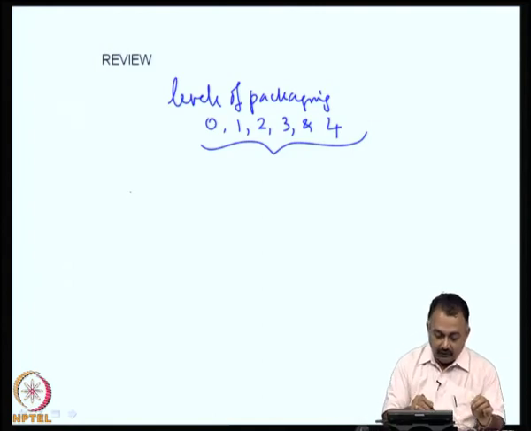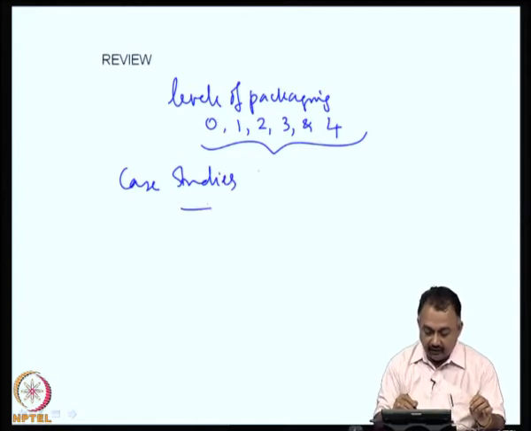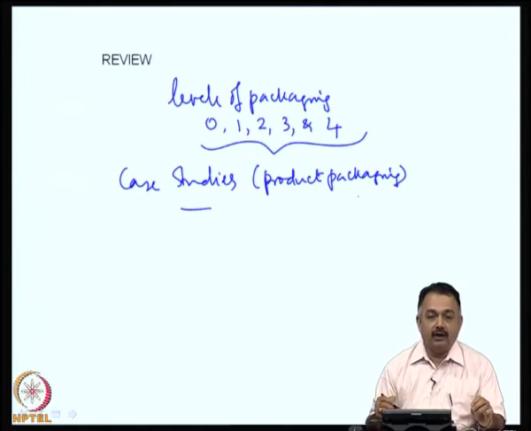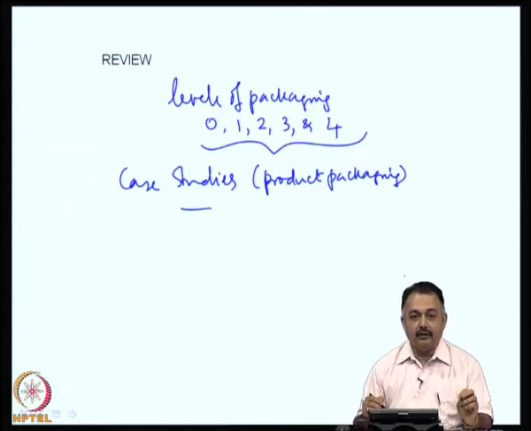Now, we also started looking at some case studies. If you recollect, the first case study is about product packaging, examples of product packaging. What a design engineer should really look into if you are concerned with the design of a product from start to finish, including mechanical aspects.